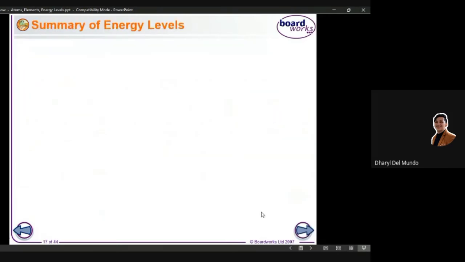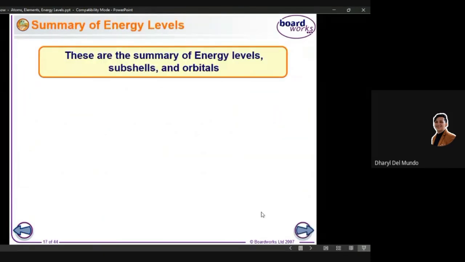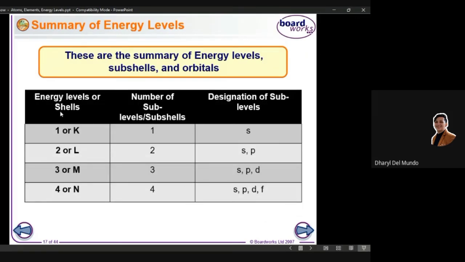So to summarize, this is the summary of energy levels, subshells, and orbitals. Energy levels or shells: 1 or K, 2 or L, 3 or M, 4 or N. So these are the names of the energy levels. The name of energy level 1 is K, then the name of energy level 2 is L. It's like X and Y, something like that.